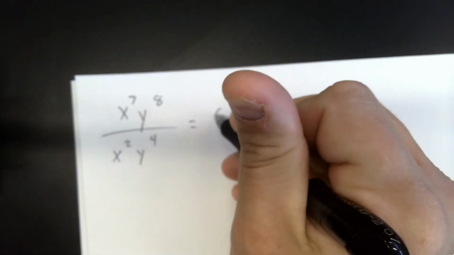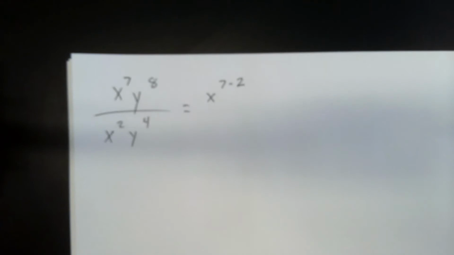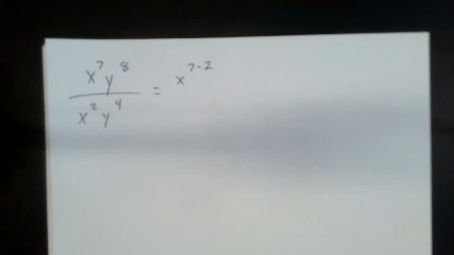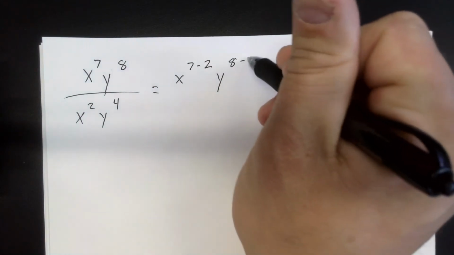Where did we end yesterday? We'll start in the back. Veronica, give me a number. Okay, so x to the 7th. Jaden, give me a number. 8. And then I'll just write x squared y to the 4th. The way we do this is we subtract the exponents with the same base, and we put them together like this.